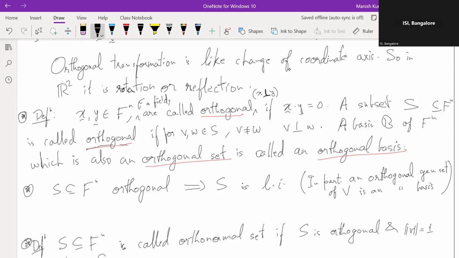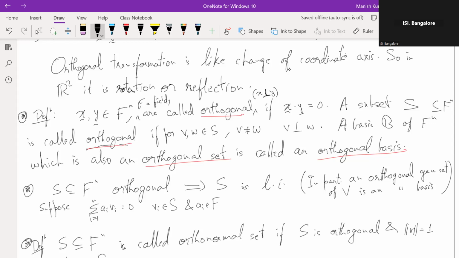You check it directly. Suppose you want to say that an orthogonal set is linearly independent. Suppose summation ai vi, i equals 1 to n, is 0, where the vi's are in S and the ai's are in F. Then you want to say that each of these ai's is 0.